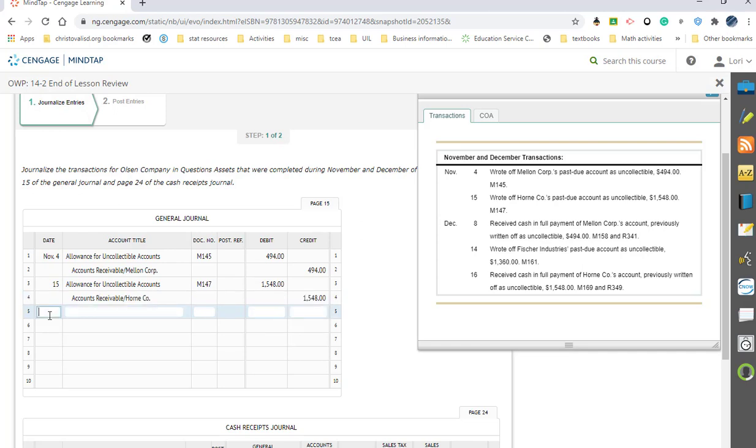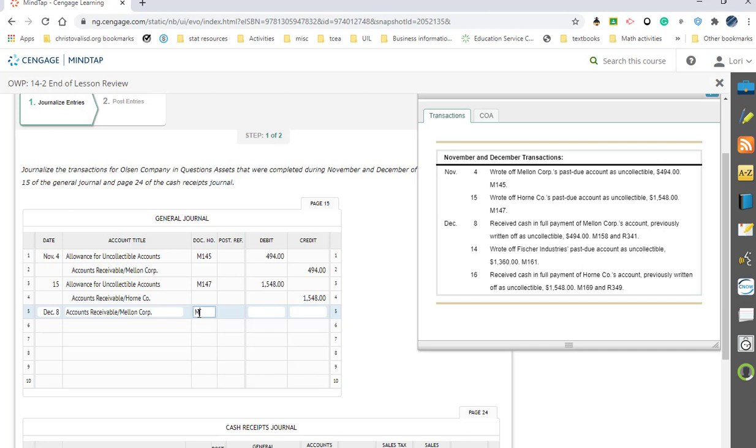So now we get to December, and Mellon Corp pays off their entire balance. We are going to be pulling from those two accounts first, and on this page we're going to reference our memos.